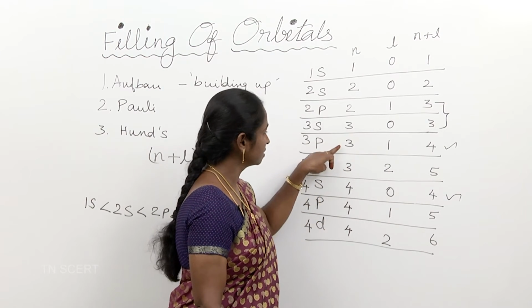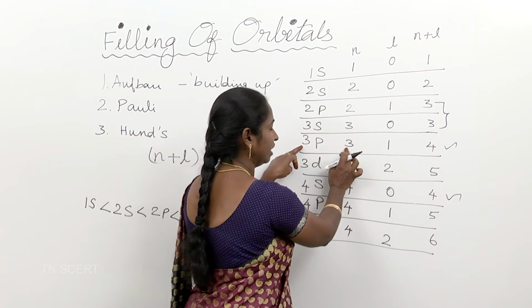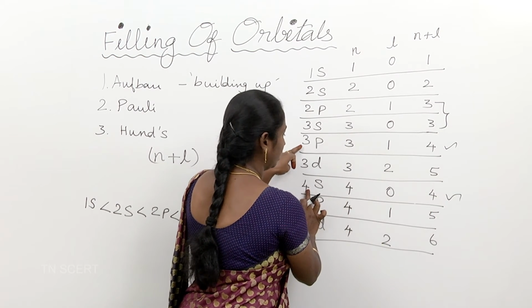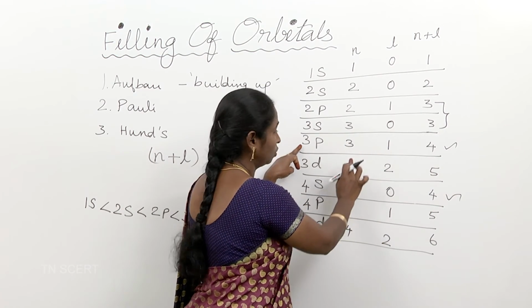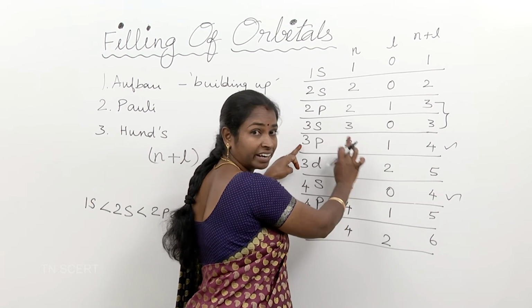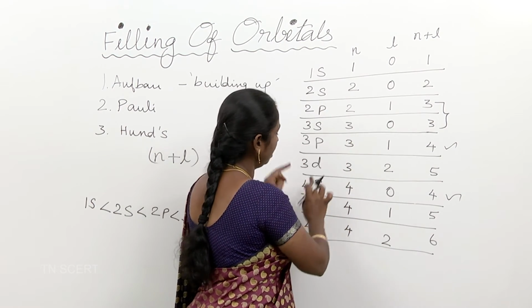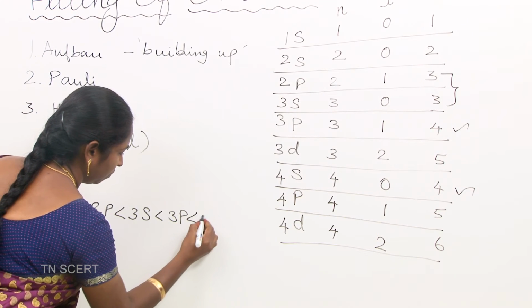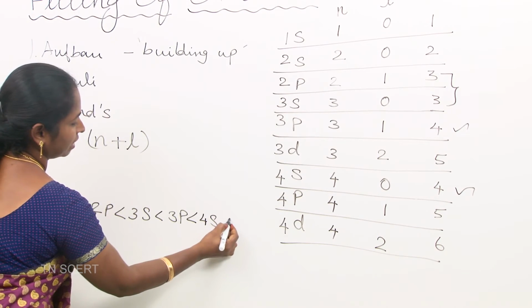Yes, it is 3p because the n value for 3p orbital is 3 and for 4s orbital is 4. So, the lower the n value, the lower the energy. Hence, 3p orbital followed by 4s orbital.